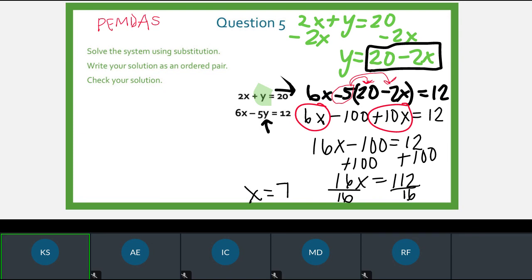Very good. So let's plug it into this top one here. So I'm going to do 2 times, instead of x, I'm going to plug in 7. So 2 times 7 plus y equals 20. All right, 2 times 7 is 14. So 14 plus y equals 20. How do I get y by itself?